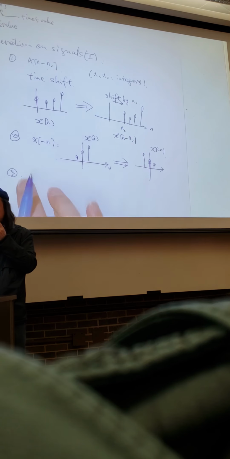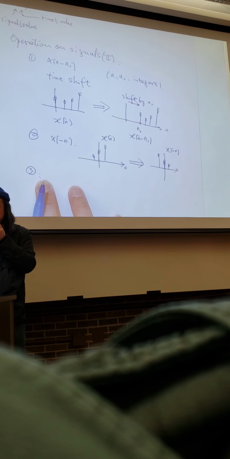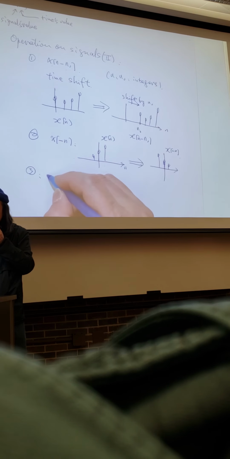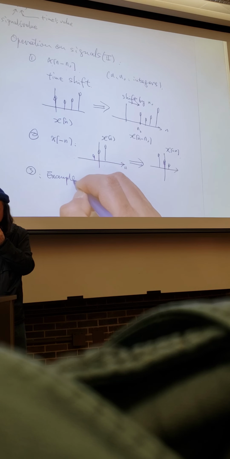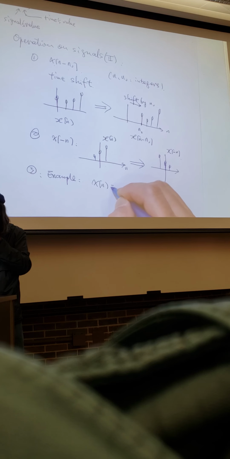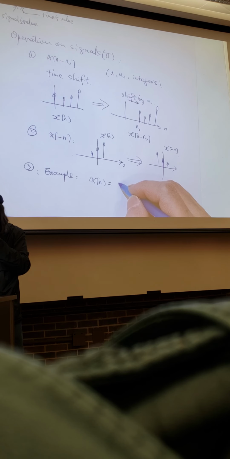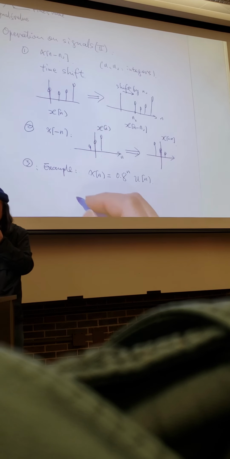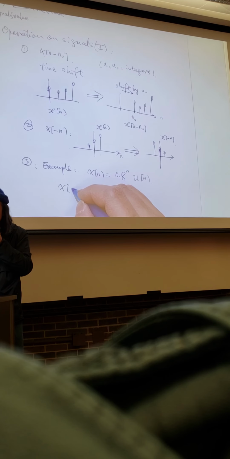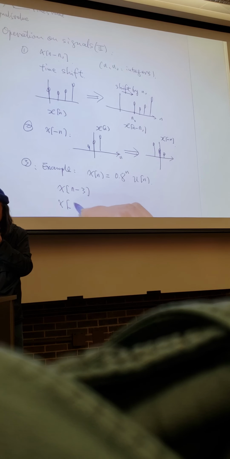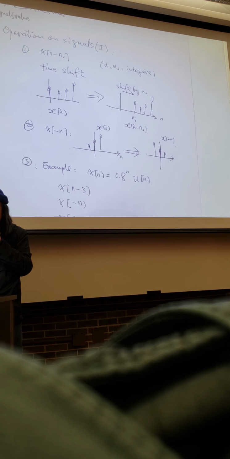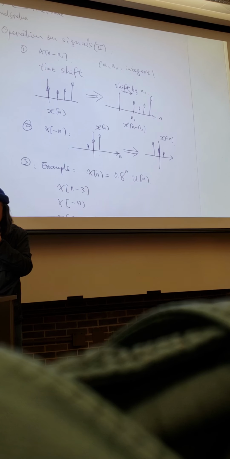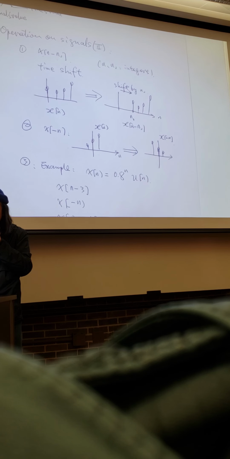Okay, this is not a special type, it is general, so I use an example to explain. Let x of n be 0.A to the n times u of n. Then we consider x of n minus 3, x of negative n, which are examples of the first two types. Then also x of 2n minus 4 and x of 5 minus 3n.